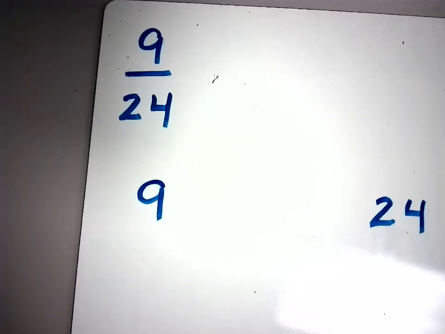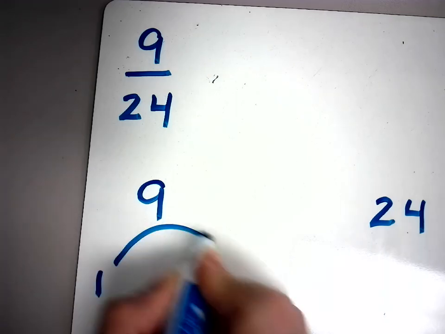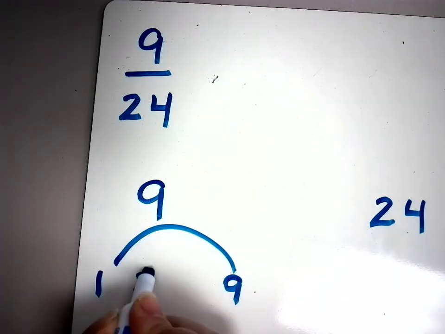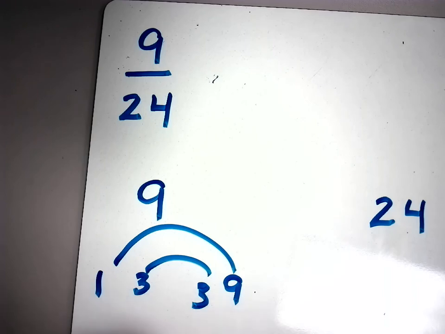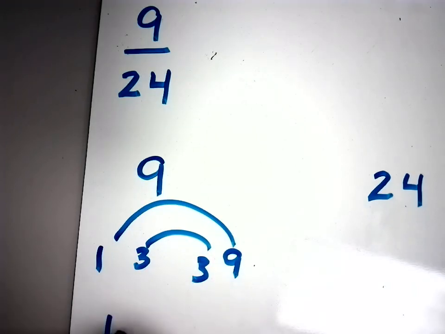In order to find the factors, I'm going to rainbow the numbers. So I know 1 times 9, 3 times 3. I'm going to then list my factors, 1, 3, and 9.